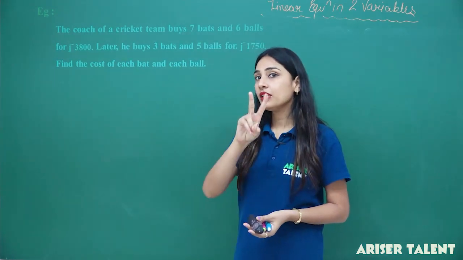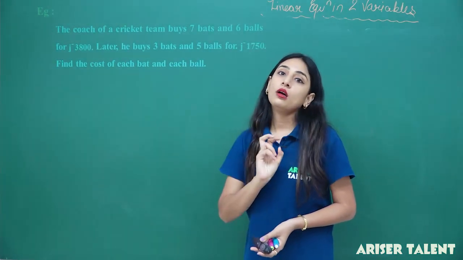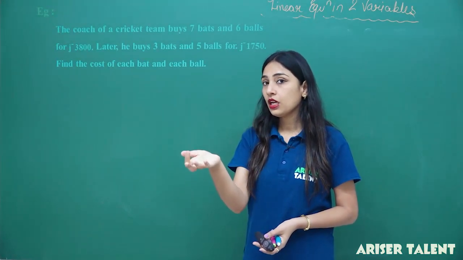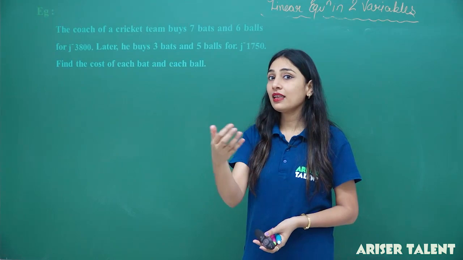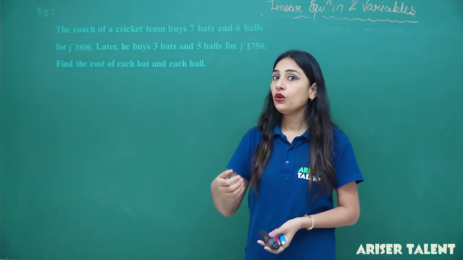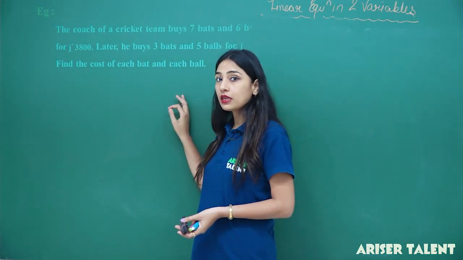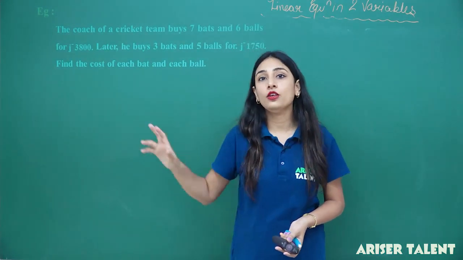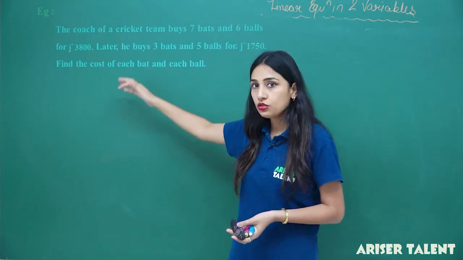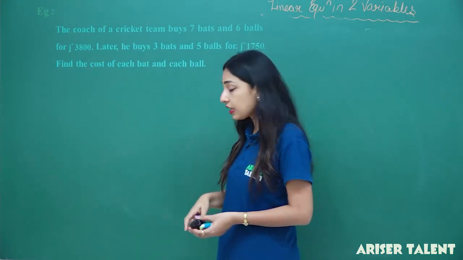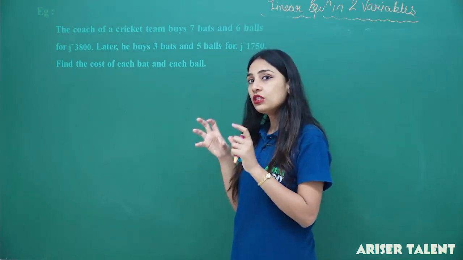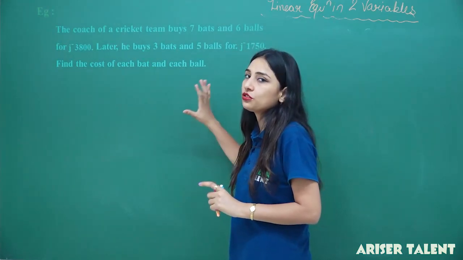Here we are given two different items, item A and B. Now I will name them X and Y. You are not familiar with this kind of word problem, but you are familiar with X and Y in your equations. You have been solving them from the start of this chapter. So what you have to do is understand what this question is saying to you.